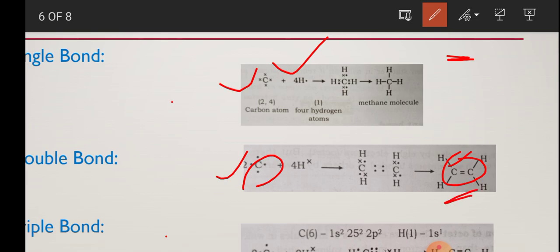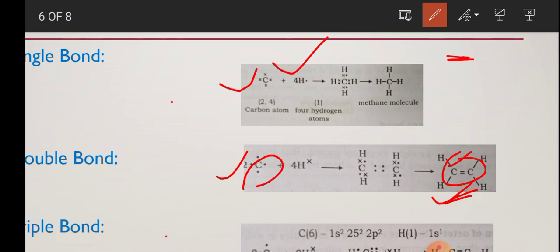I repeat it again. Carbon has 4 electrons in its outermost shell and it shares 2 electrons with another 2 electrons of the other carbon atom and forms a double bond.